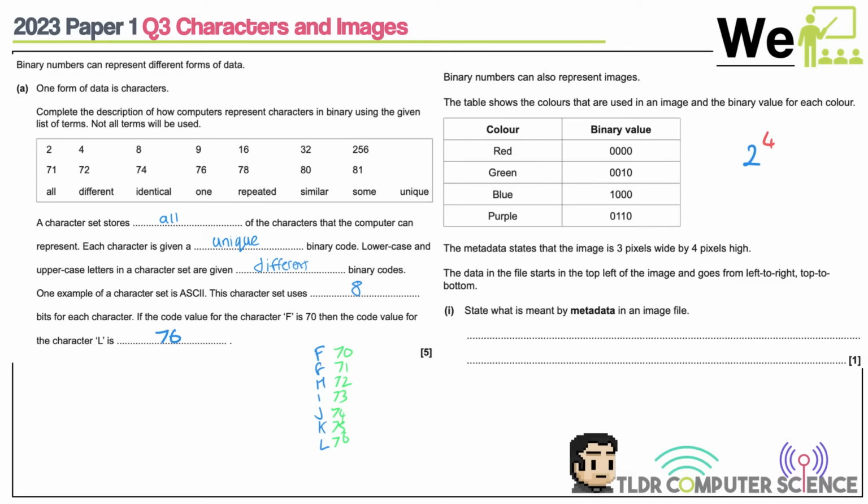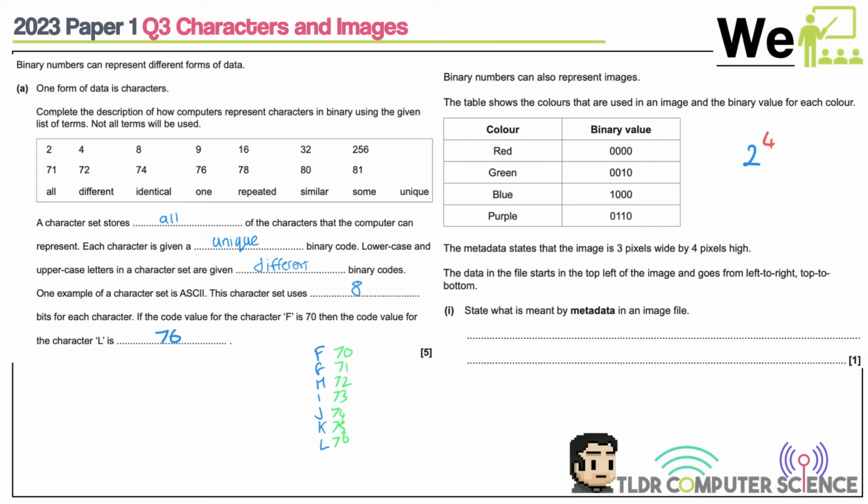The metadata states that the image is 3 pixels wide by 4 pixels high. This is not what you'd call a large image. The data in the file starts in the top left of the image and goes from left to right, top to bottom. What is meant by metadata? Is this metadata? No. The raw data that makes up the image is the only thing that is not metadata.